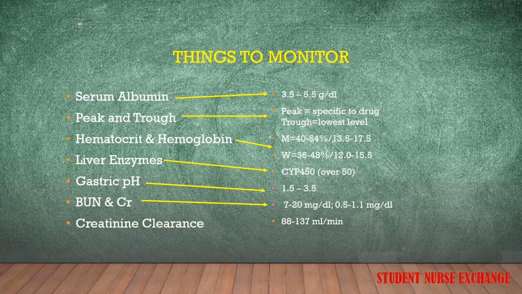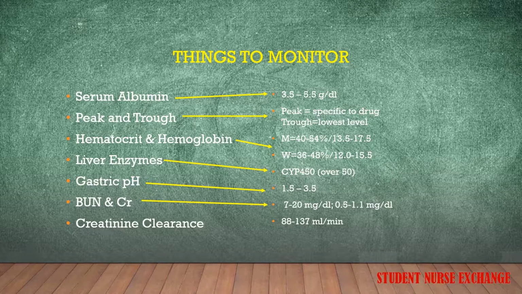And we talked about older people, you usually see the BUN and creatinine go up, or if they have nephrotoxic effects and it hurts the kidneys, and you see those numbers rising. And we worry about that because the drug is going to stay in their bloodstream longer and not be eliminated.